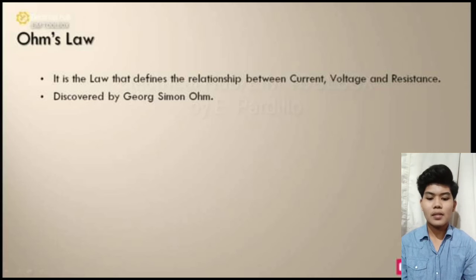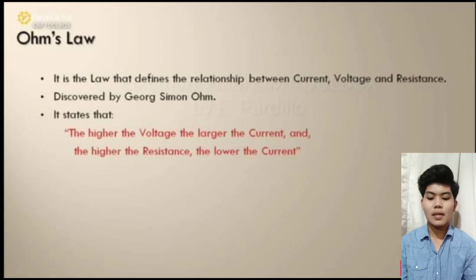Ohm's law that defines the relationship between current, voltage, and resistance, discovered by George Simon Ohm. It states that the higher the voltage, the larger the current, and the higher the resistance, the lower the current. Ang mataas na voltahe ay mas mataas ang kuryente, at ang mataas na resistance ay mababa ang kuryente.